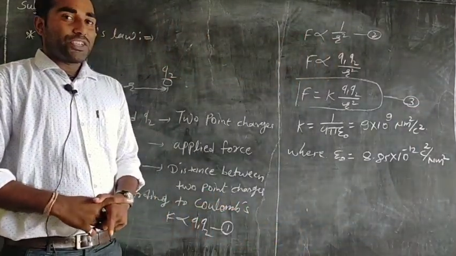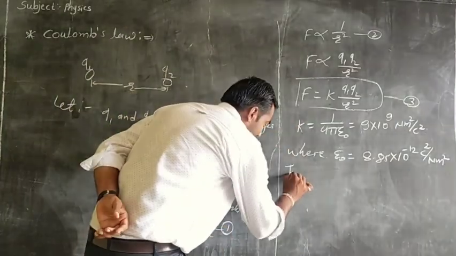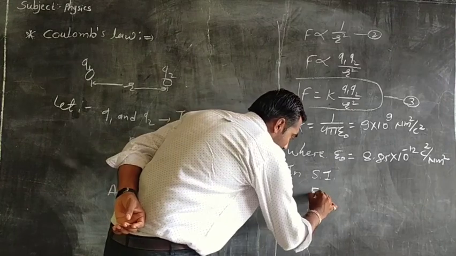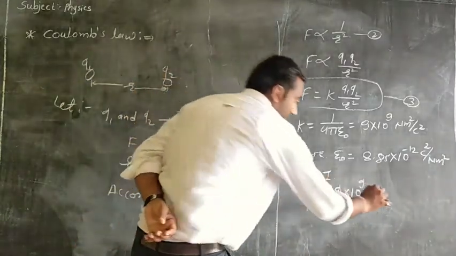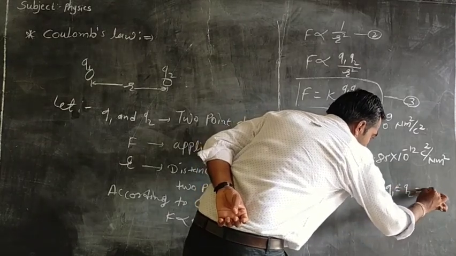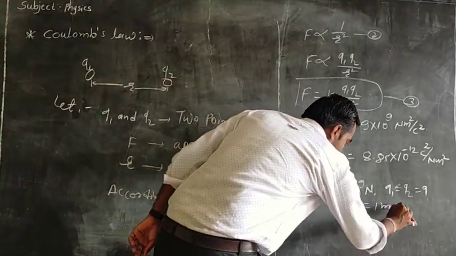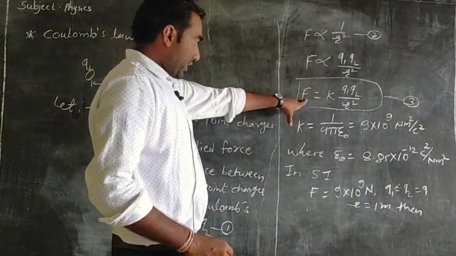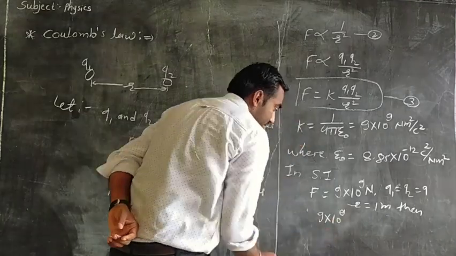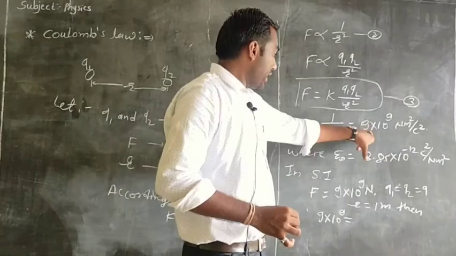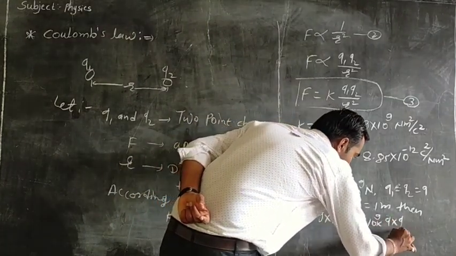What is a point charge? In SI, if we put F equal to 9 into 10 to the power 9 Newton, with both charges the same, q1 equal to q2 equal to q, and the distance r equal to 1 meter, then putting these values in equation number three, 9 into 10 to the power 9 is equal to 9 into 10 to the power 9 times q1 q2 upon 1 square.